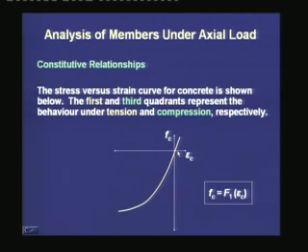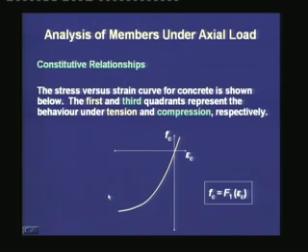That means once the concrete cracks, we are not considering any stress in the concrete, and this part of the curve in the first quadrant can be considered to be linear elastic, where Fc is equal to Ec times epsilon c.